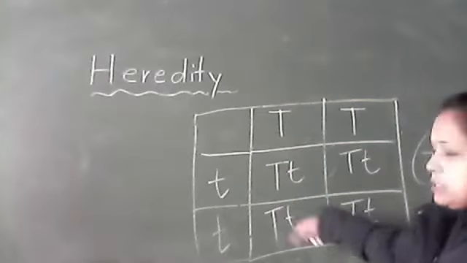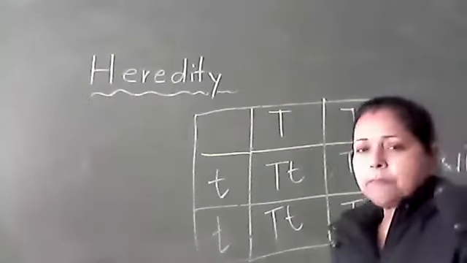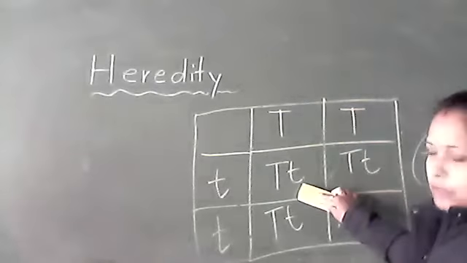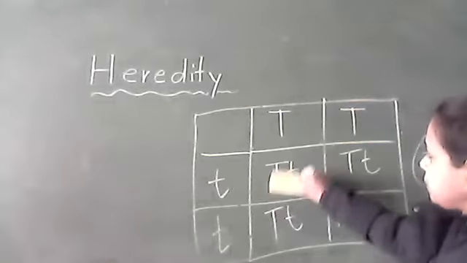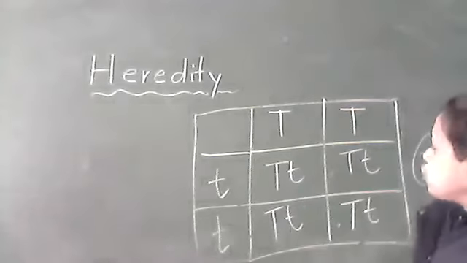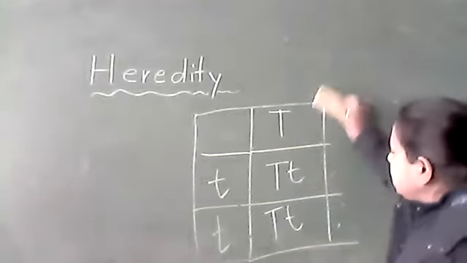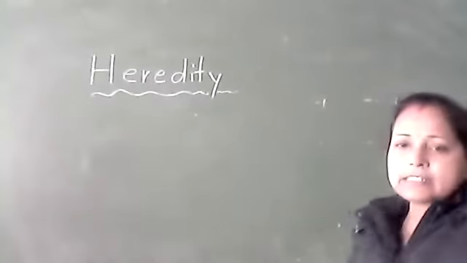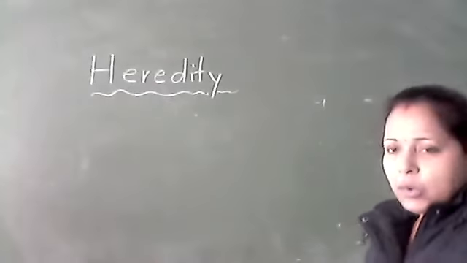Okay, in this way. So let us represent this one as capital T and small t. We are indicating this one after crossing. He is obtaining this ratio. F1 generation में उनको जितने भी plant मिले, वो कैसे plant थे? All are tall plants. So the characteristic of tall is dominant. Okay.